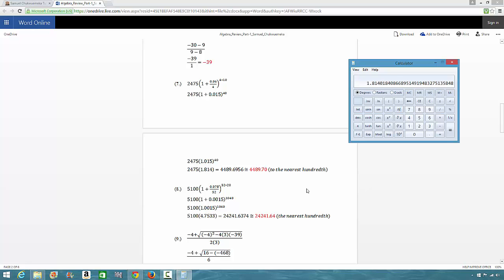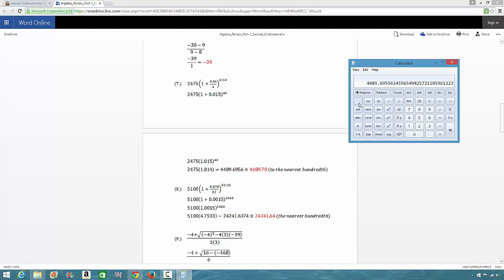But we will still get the same thing when we round to the nearest hundredth or to 2 decimal places. So this times 2475 gives you 4489.6955614 and so on. You round this to 2 decimal places, it will be 4489.70.